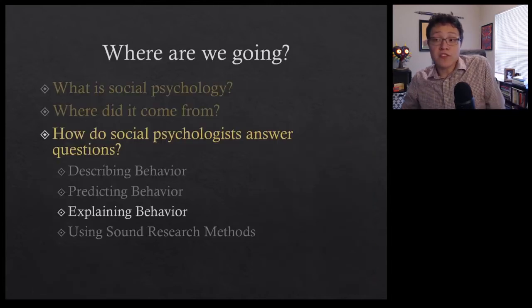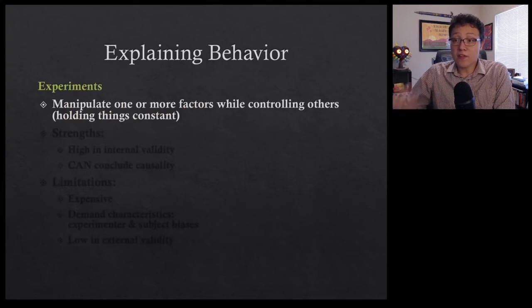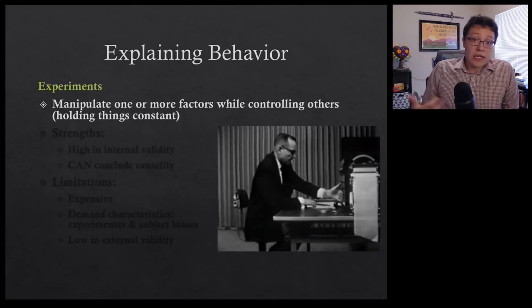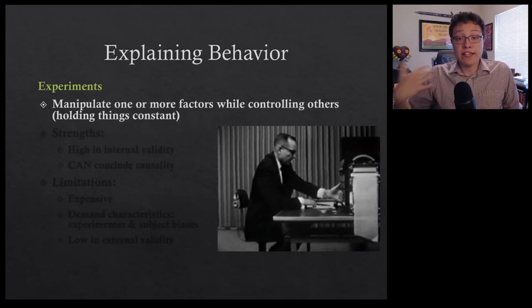But we can also explain behavior, and this is one of the biggest things, and we do that through experiments. So we might manipulate one or more factors while controlling for others. So things like the Milgram experiment. There were a lot of different variations of the Milgram experiment. Some of them include delivering the instructions from a different room so that the experimenter wasn't right next to the person giving the shock here.